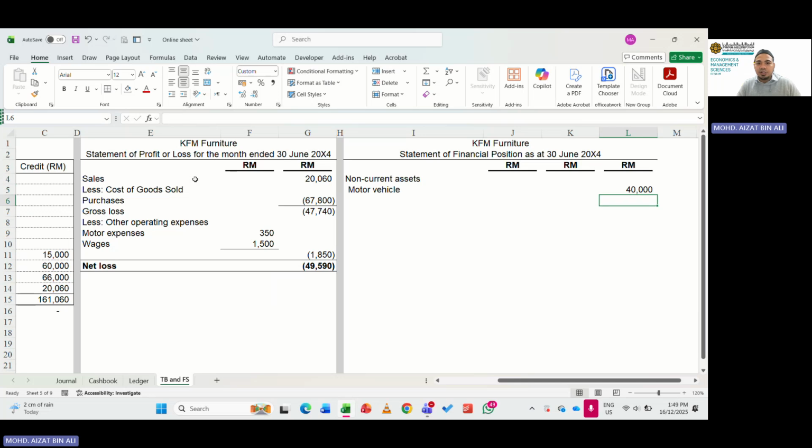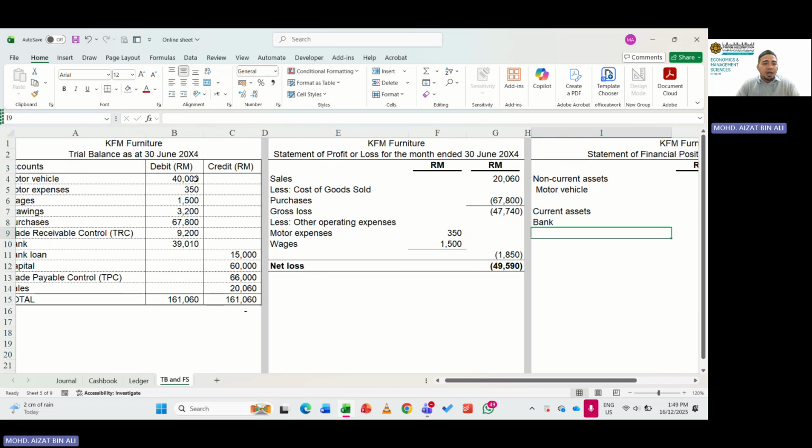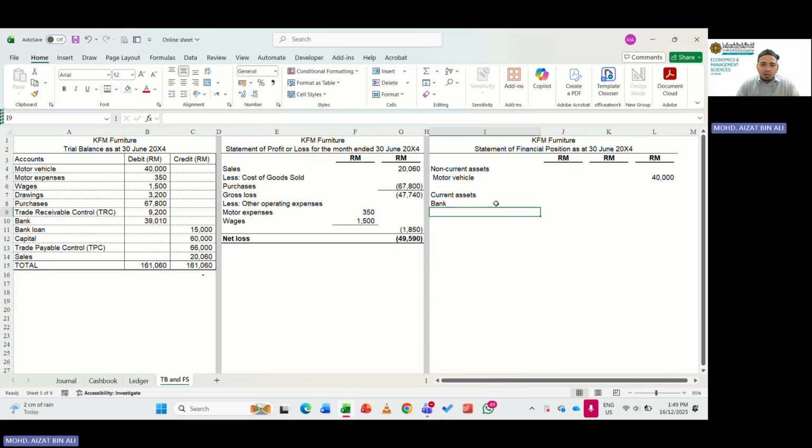Okay, we only have one non-current asset, and then our current assets. Okay, our current assets would be, we don't have any cash, but we do have bank. Okay, and we also have our TRC. Okay, this is a lot easier. Okay, trade receivable control. Yeah, this is a very easy question. Okay, designed to actually be friendly to new learners.